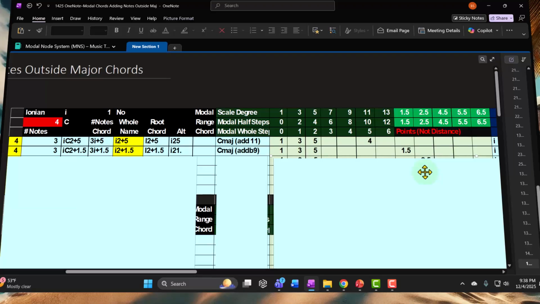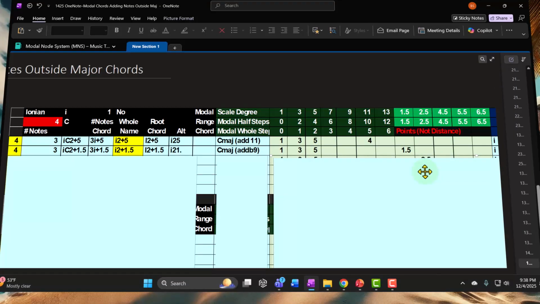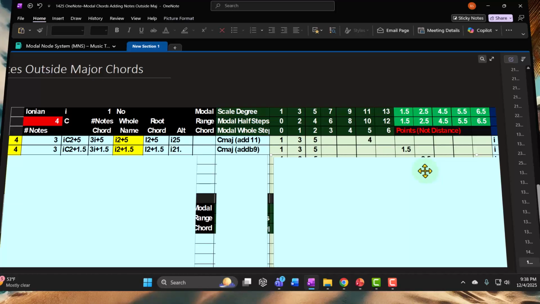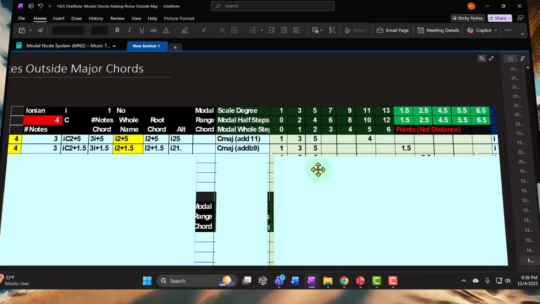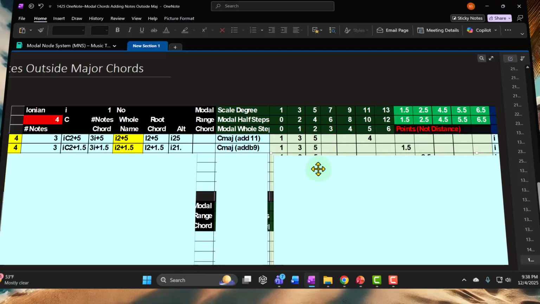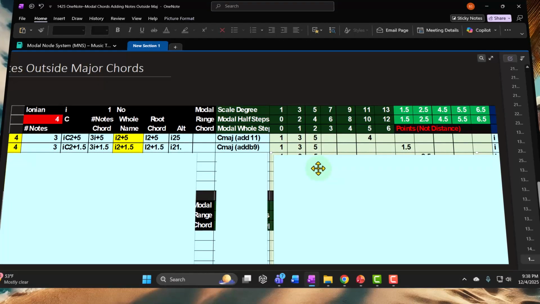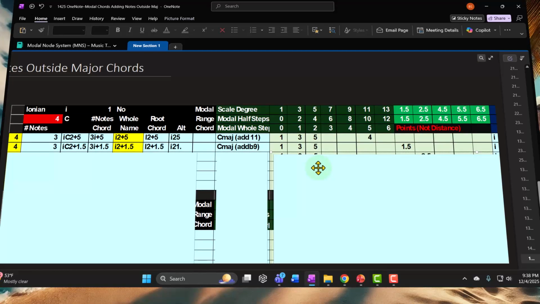You're not going to say, I'm going to go up to the ocean note and then take every other note. The ocean note is always going to be outside of the normal stack. So you're typically going to have a triad, and then you're going to add this note that's outside of the stack. Therefore, it makes sense to just call it a point in time or a point in the collection as opposed to a distance in the collection, which would be easy to visualize on an instrument like a fretboard, because you will be visualizing the notes and see that this is the one that's outside.